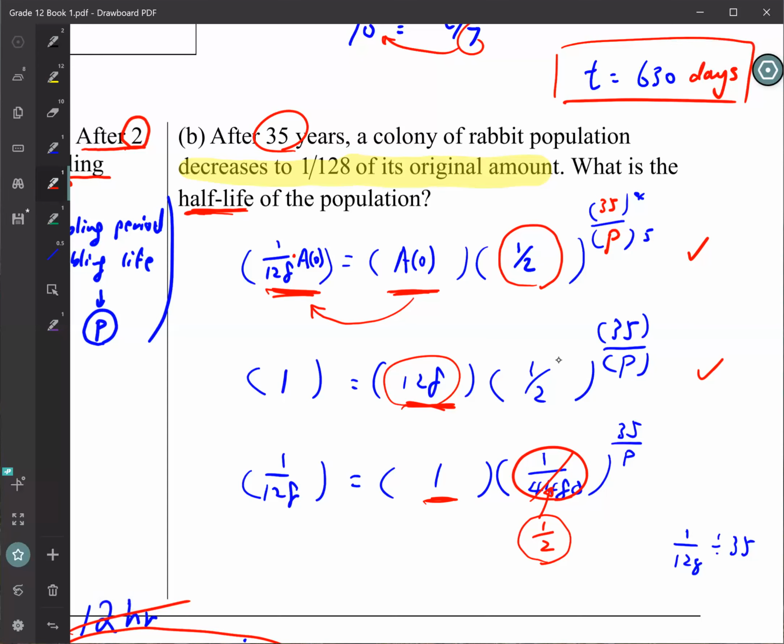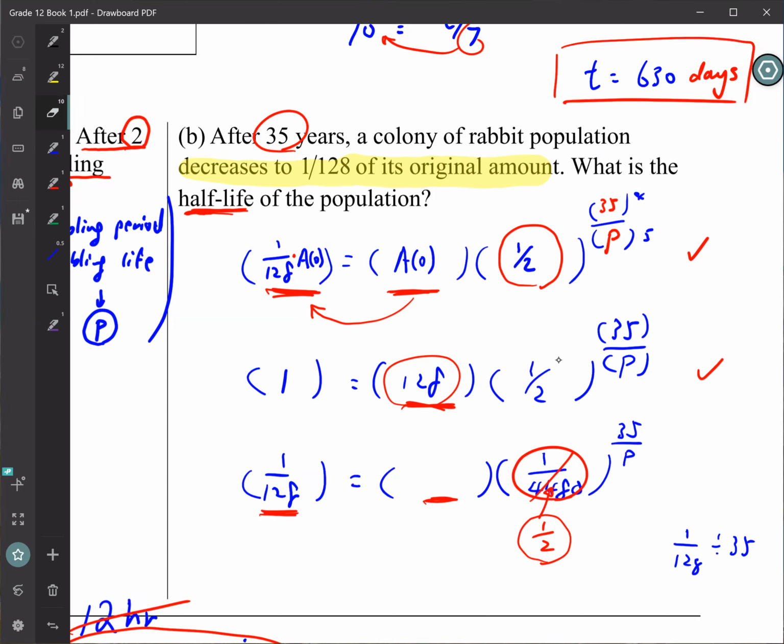And then the final amount will be 1 over 128 of, so multiply with 1, which is just the same as 1 over 128. If you want to start with 4, then you will multiply by 4. It doesn't matter because the question did not tell you what to start with. So it's just a ratio. It only tells you the ratio between the two.